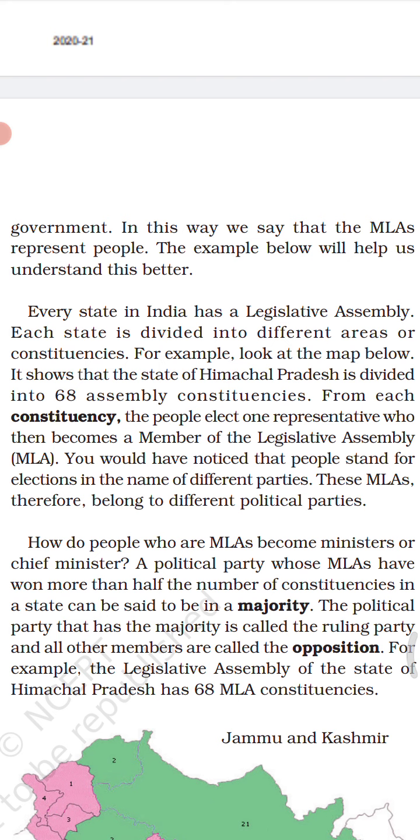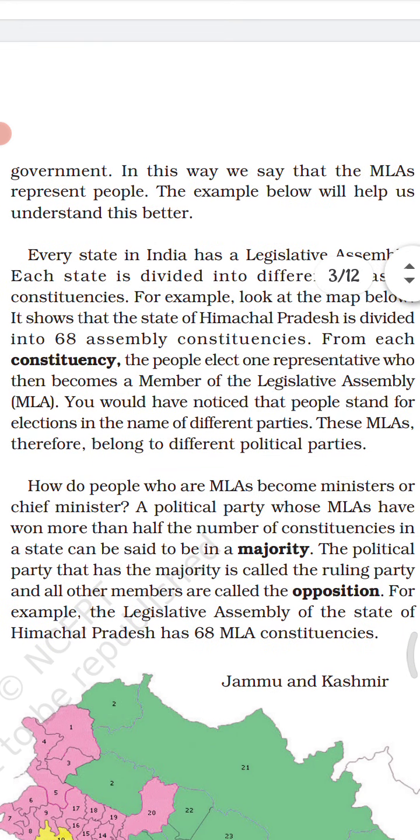One example is given of Himachal Pradesh, that for the election of the legislative assembly, the state is divided into 68 assembly constituencies. So what does it mean? How many MLAs will be there in Himachal Pradesh? 68. One member from each constituency. You understand it? So next para.